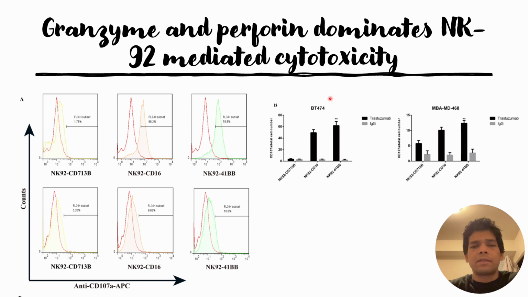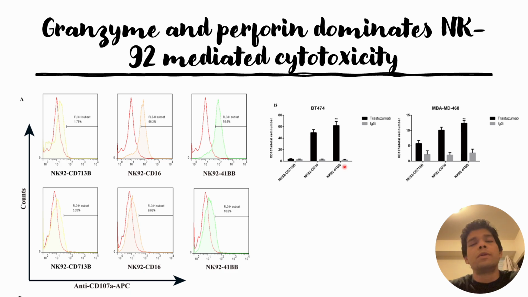So let us go through the BT474 results first. The important thing we need to notice here is the y-axis. The y-axis shows the CD107 expression, and it increased up to 70% for the CD16 CAR NK-92 with intracellular domain 41BB, and this is statistically significant compared to the case where no ADCC is facilitated.